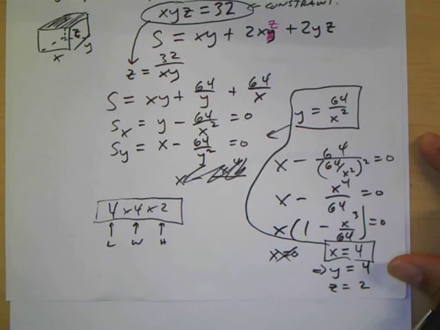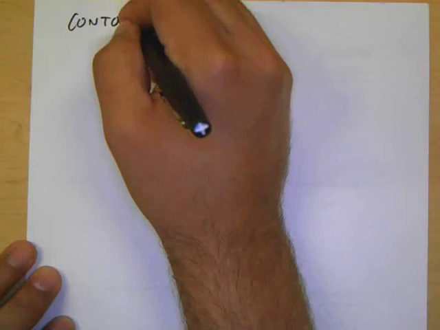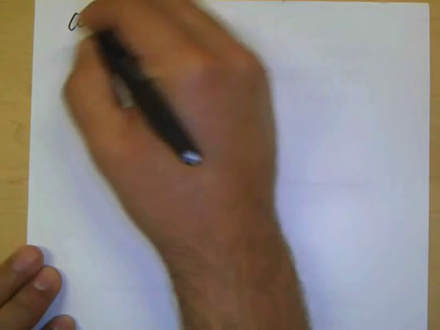All right, I have one more thing to talk about, and then we are done. It's not the proof, sorry. But it's a pretty quick and simple concept. It's using contour plots to identify critical points.